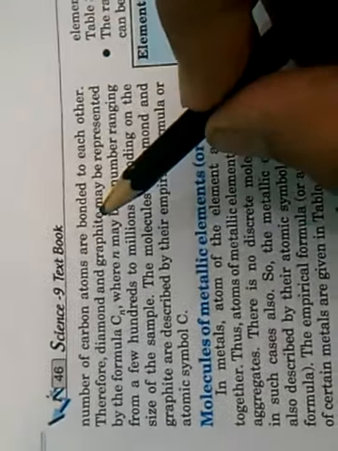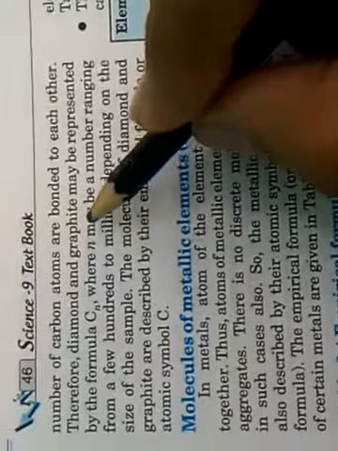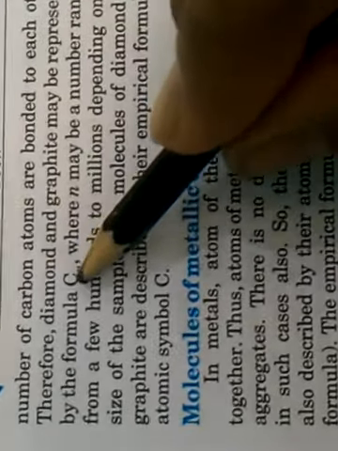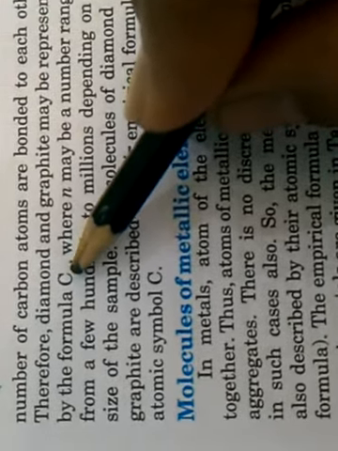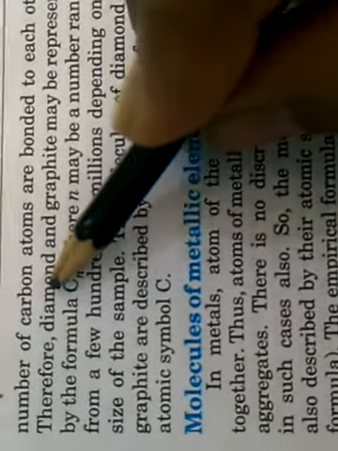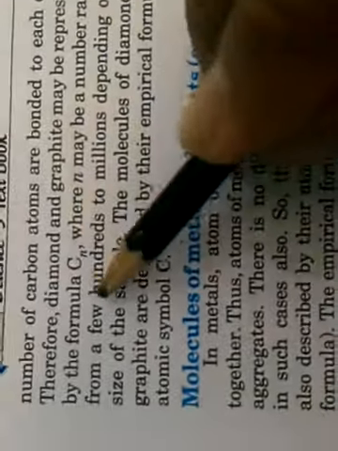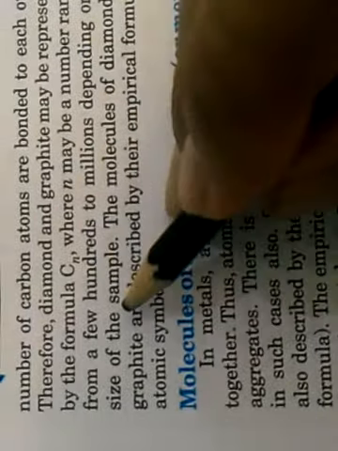A number of carbon atoms are bonded to each other. Therefore, diamond and graphite may be represented by the formula Cn. The number of carbon atoms is so large that we cannot count them, or it would be tedious to count them, so we just say Cn, where n may be a number ranging from a few hundreds to millions depending on the size of the sample.